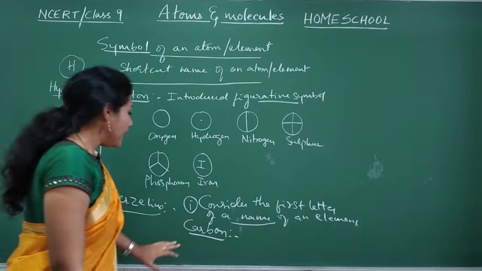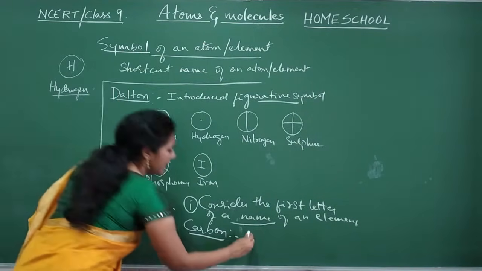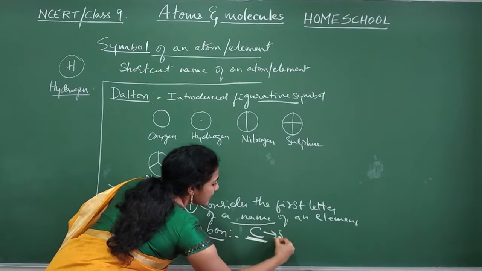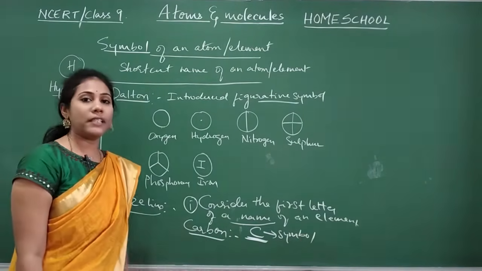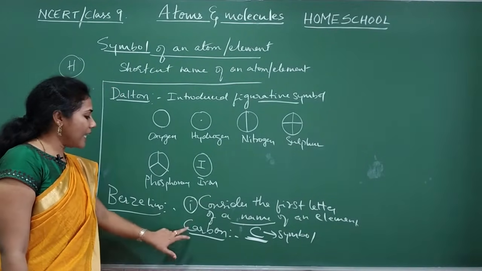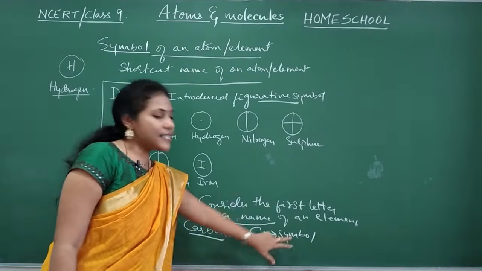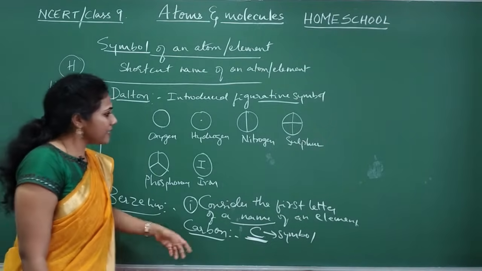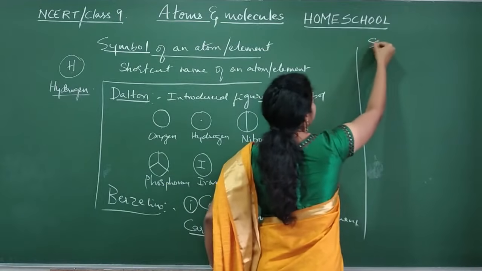And the symbol that you can write for this carbon is just C. Here C is the symbol that you can use whenever you want to write carbon. The name of the element is carbon, the starting letter is C, so C you can use as a symbol for that element. In a similar way you have an element sulfur.